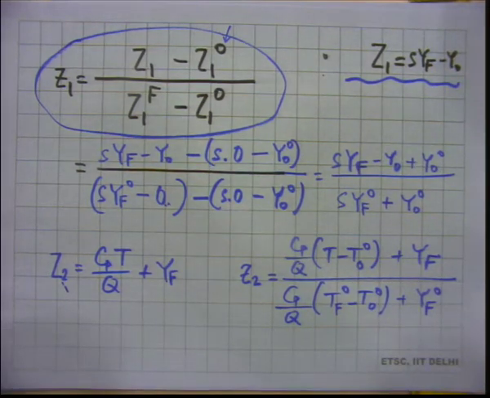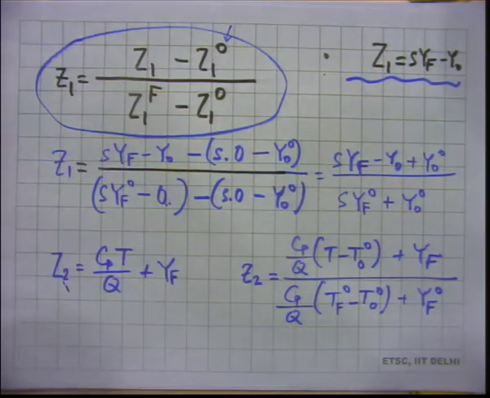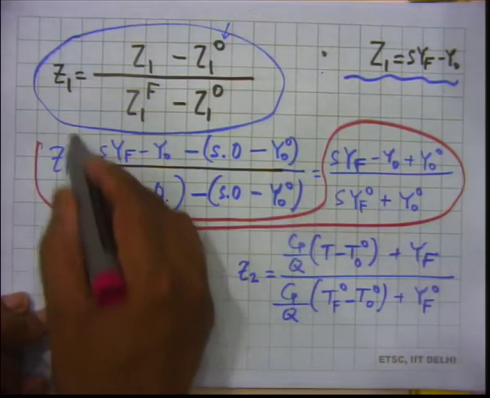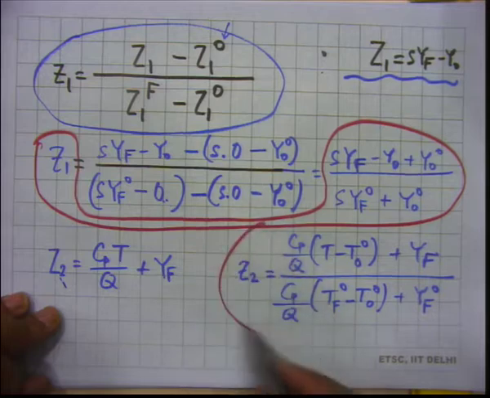So that is small Z2. This is our Z1 and this is our Z2.